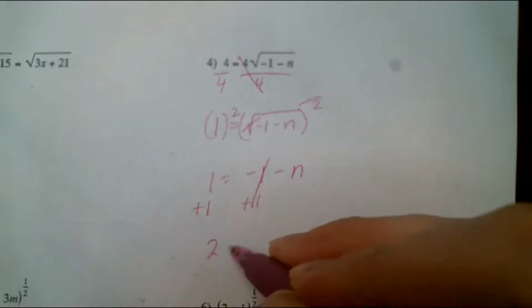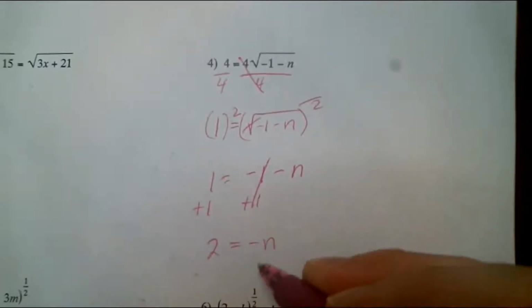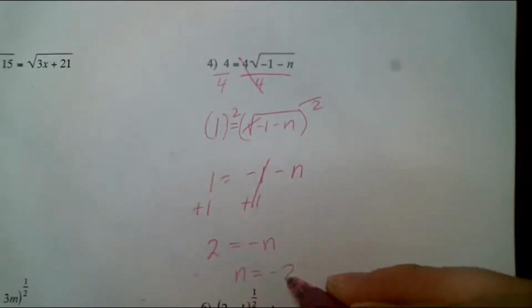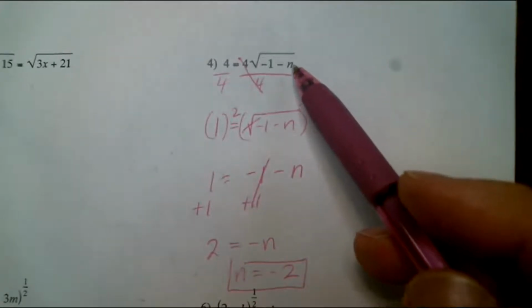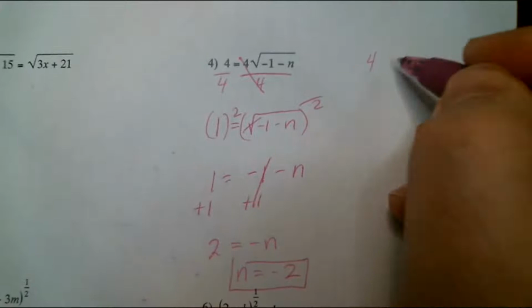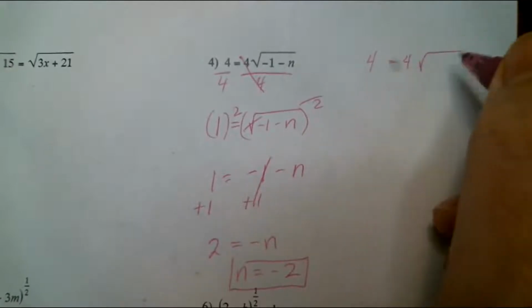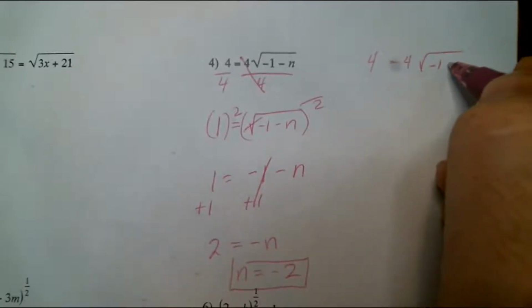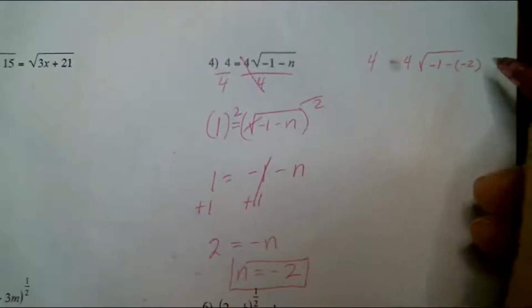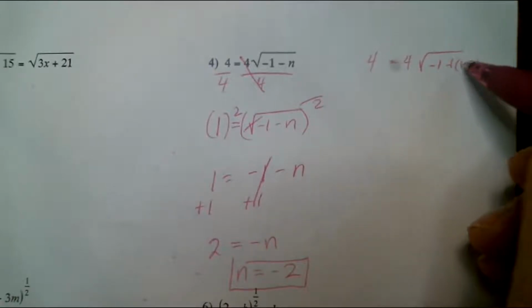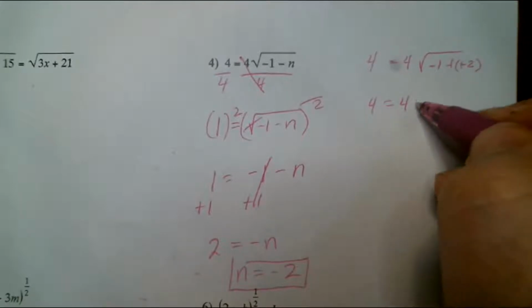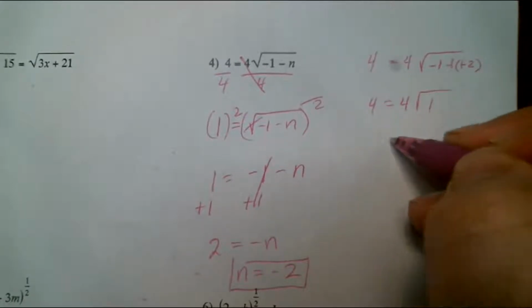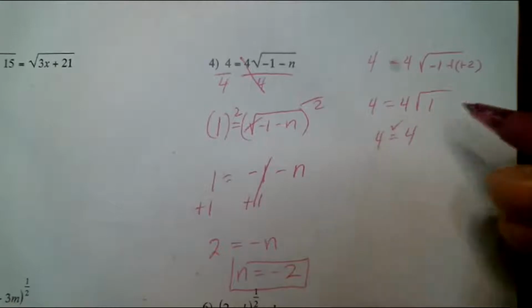I get 2 equals negative n. n equals negative 2. Check: 4 equals 4 times the radical of negative 1 minus negative 2. So that's plus 2. Negative 1 plus 2 is radical 1. 4 equals 4. So negative 2 works.